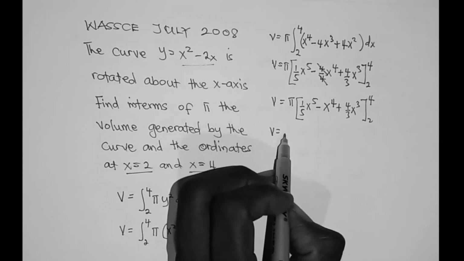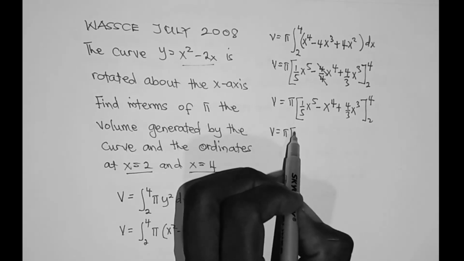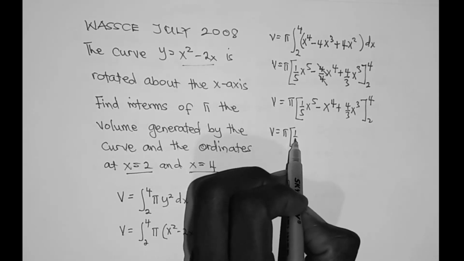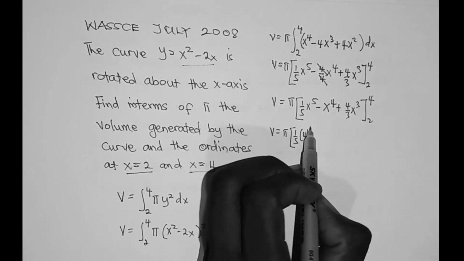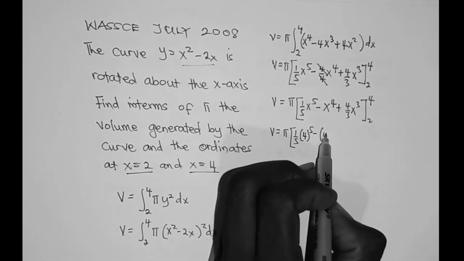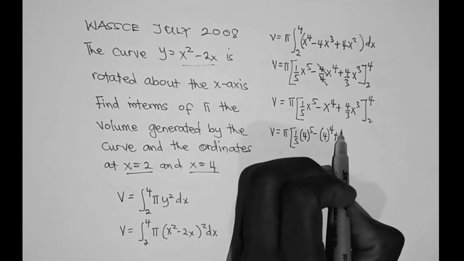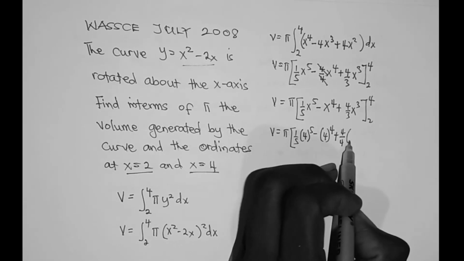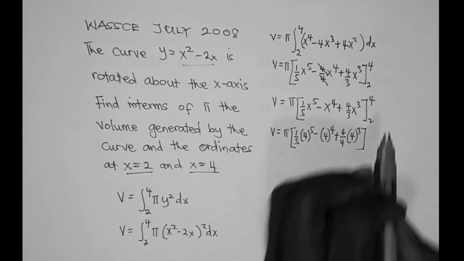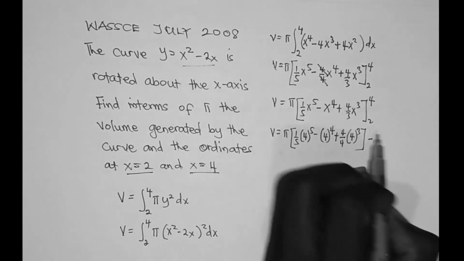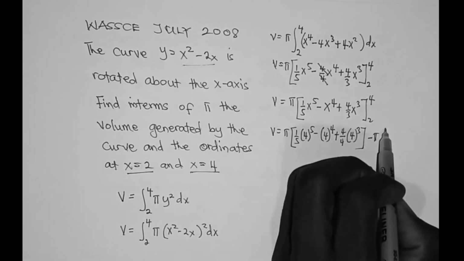So the volume of the solid generated is V equals pi times 1 over 5 times 4 to the power 5 minus 4 to the power 4, then plus 4 over 3 times 4 cubed, then minus pi again, because pi is multiplying all of this.